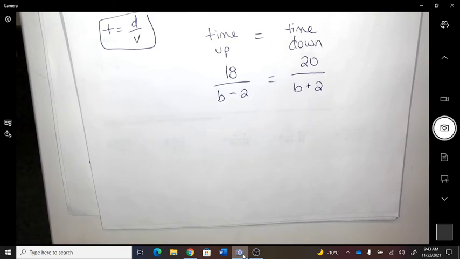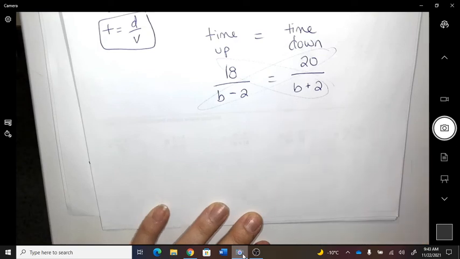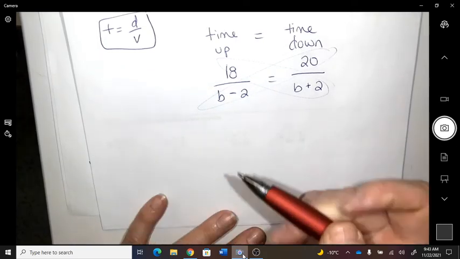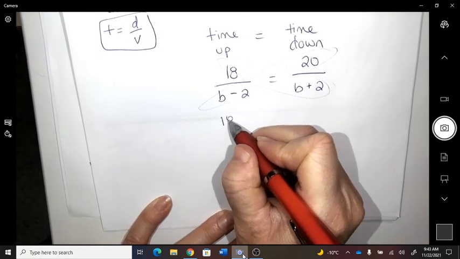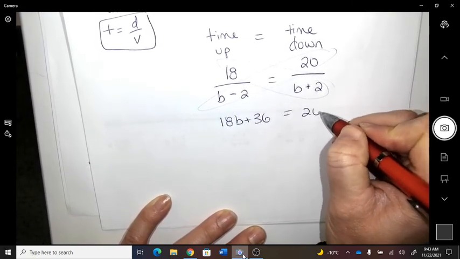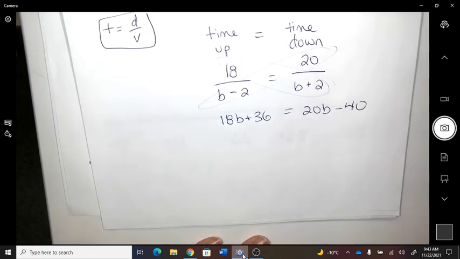Cross multiply, common denominator, drop, cross. Okay, so 18b plus 36 equals 20b minus 40. That's the cross.